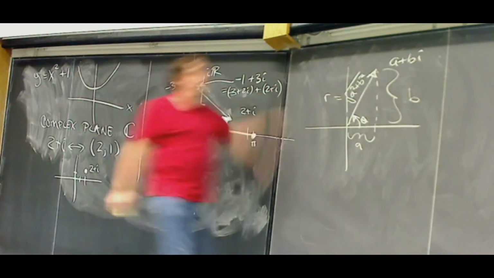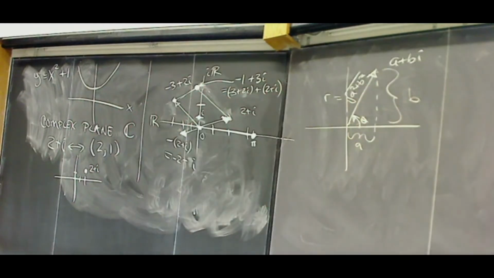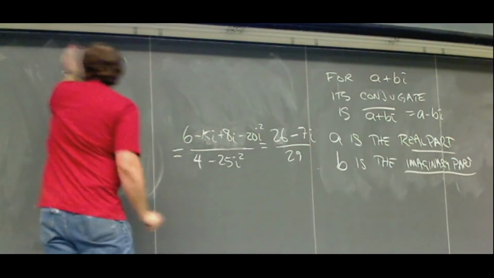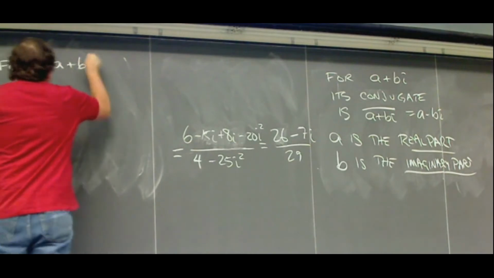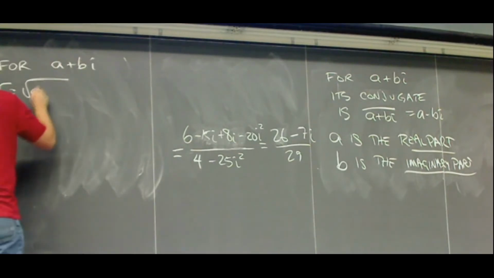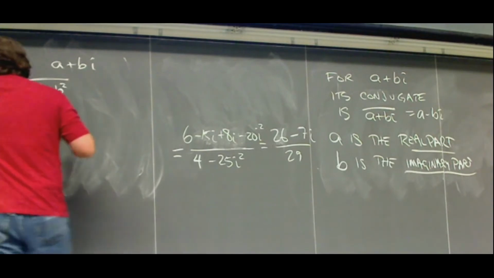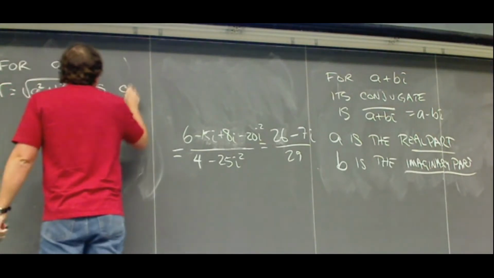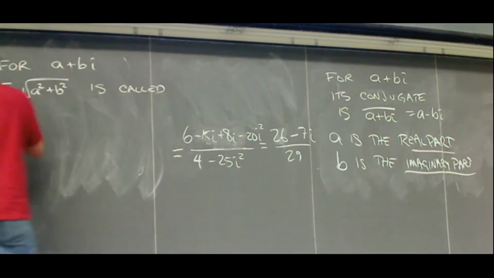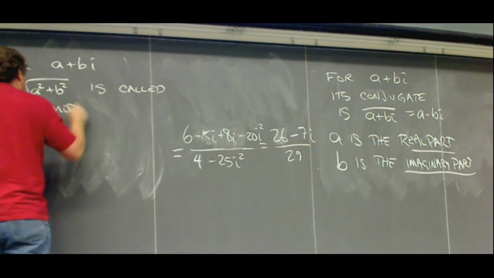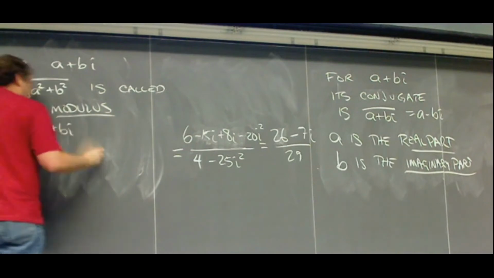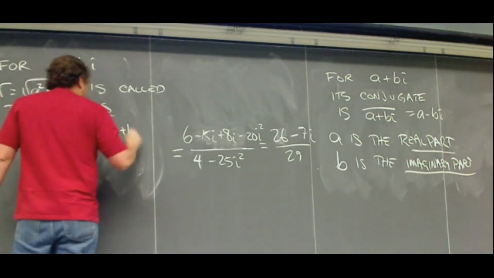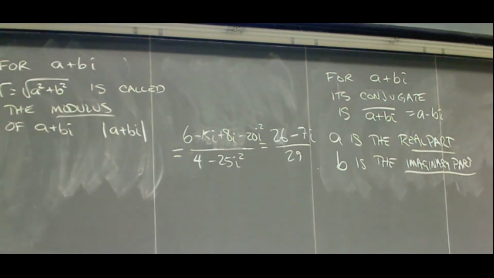So these two things that I've just introduced, this number r, which is the length, the distance from 0, is called the modulus, which we sometimes write like an absolute value. It's the distance that that point is from 0.